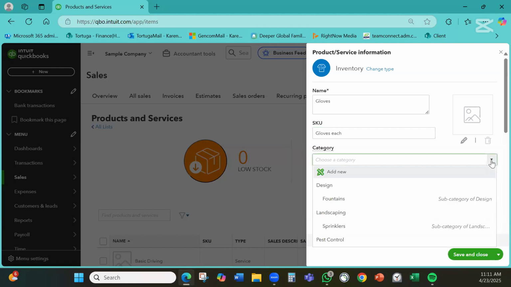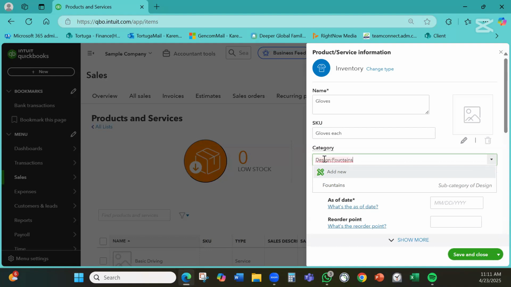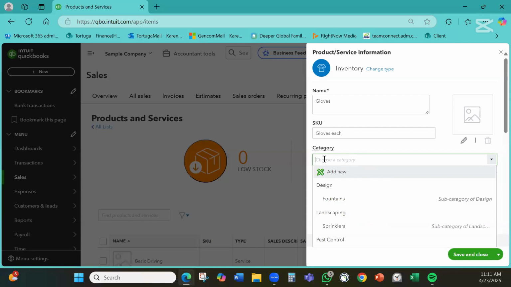And as I said, the categories would have already been set up here because of the type of business this was. This sample company is actually a landscaping company. So if you want to set up another category, let us say you call it general supplies.